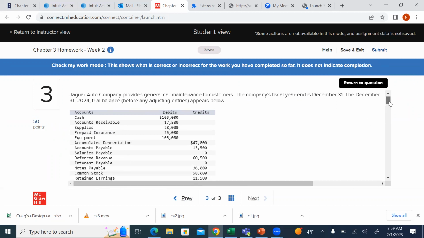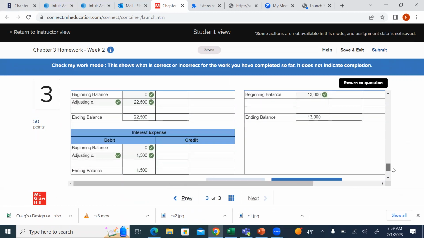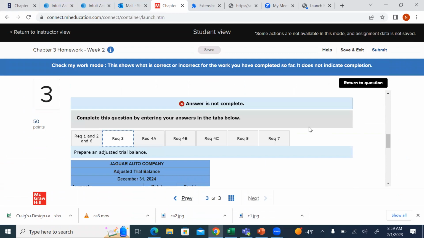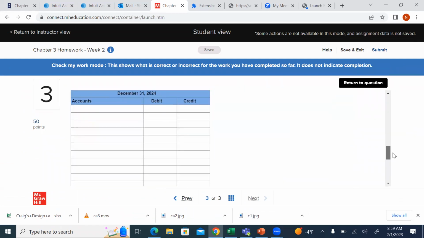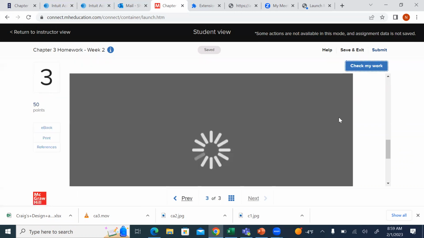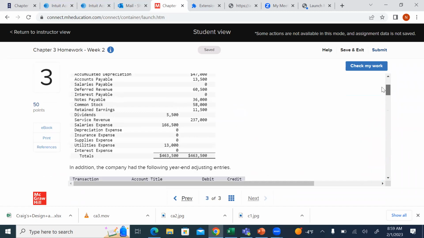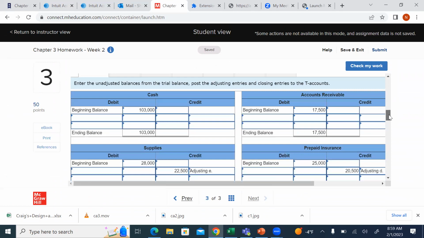Step 3, prepare an adjusted trial balance. So we're going to go down here for step 3, and we're going to put in our cash, right now is 103, our accounts receivable 17.5.